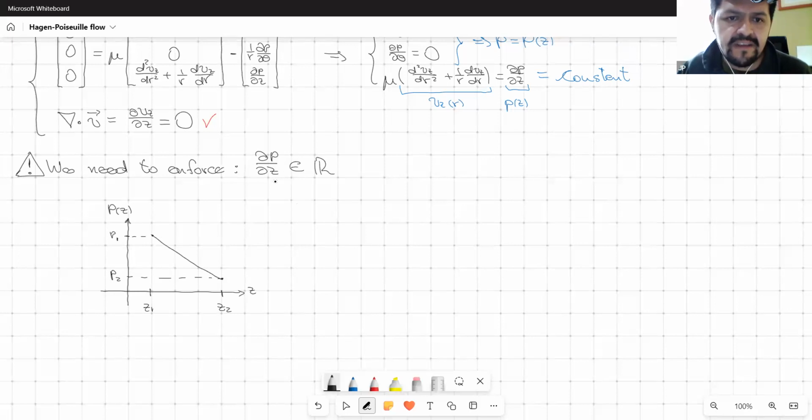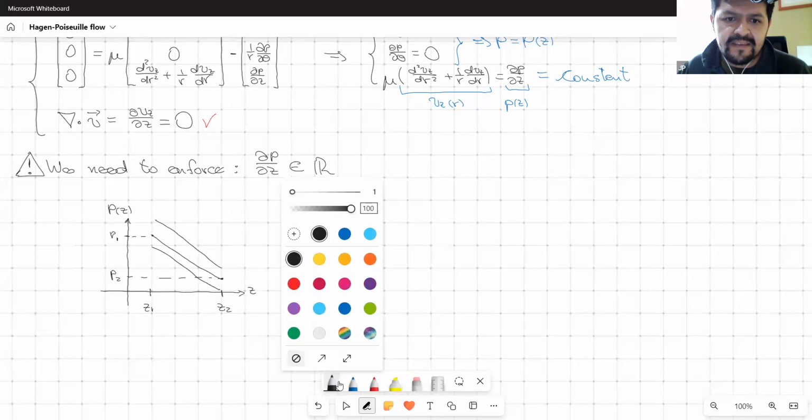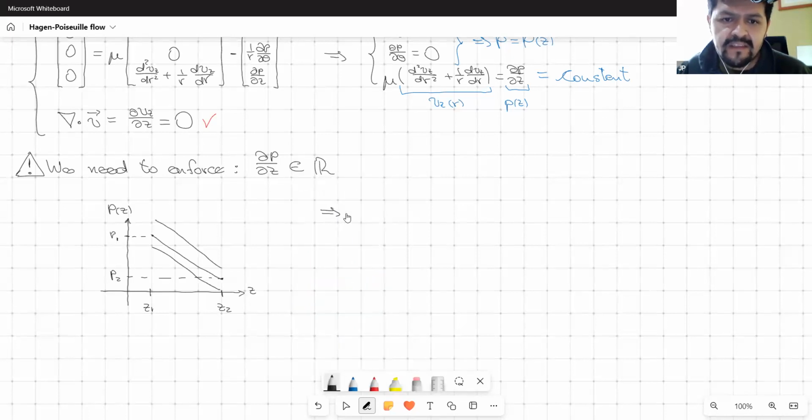And since we're only interested in the pressure gradient, in theory, our pressure curve could be a parallel curve like this, right? Up or down, okay? We don't really care. As long as this is a straight line with the same slope, the values of the pressures themselves don't matter. What matters is the pressure difference, right? So that being the case, we can now write the last equation here in the following way.